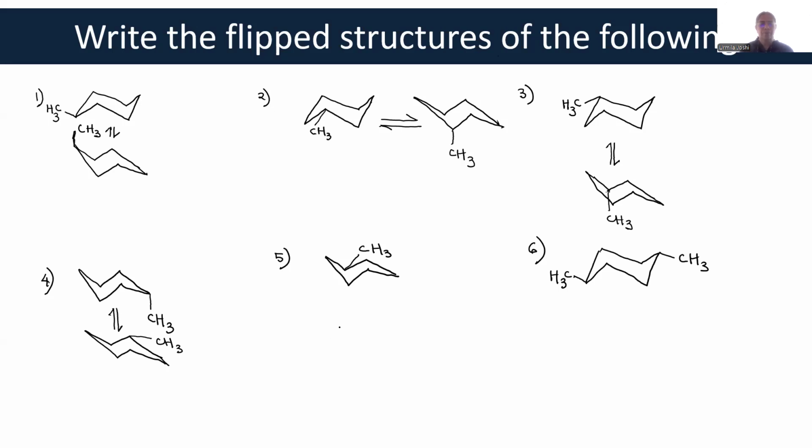Now here, draw the flipped ring. First, draw the flipped ring. After you draw the flipped ring, what you will do? You will fix the carbon to which substituent is attached. It is this carbon.